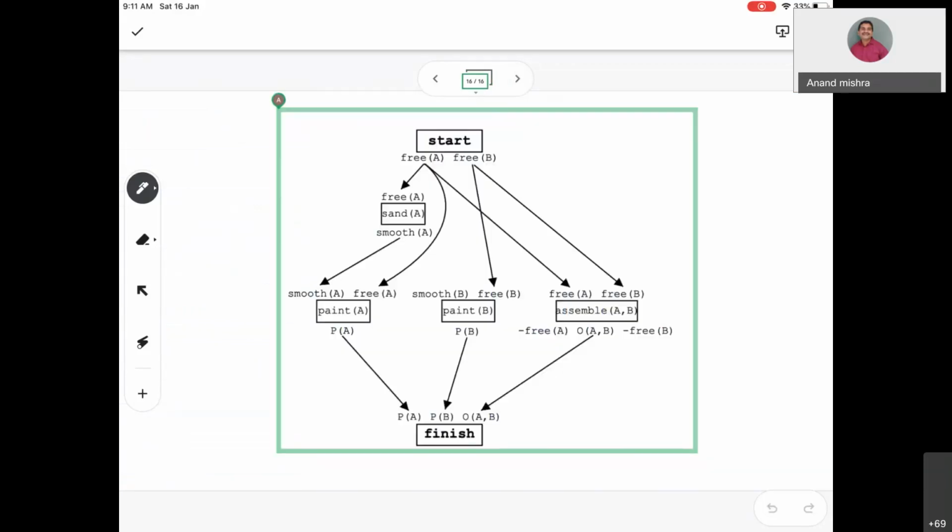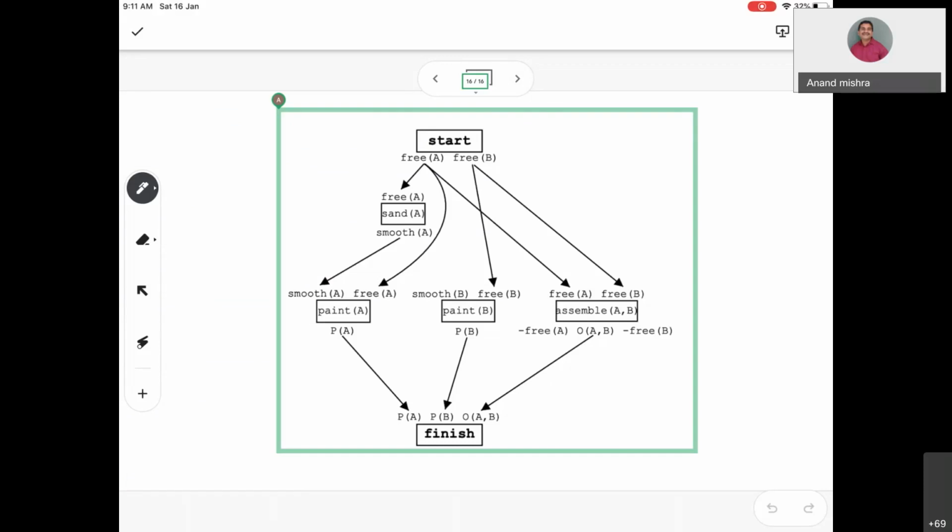Okay, so in this example, can you tell me why this is not a complete or consistent plan? What is wrong with this? There are a few wrong and incomplete things in this. What are those? Multiple options to finish?